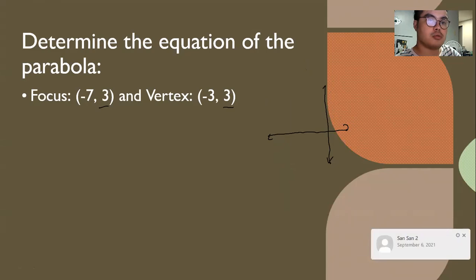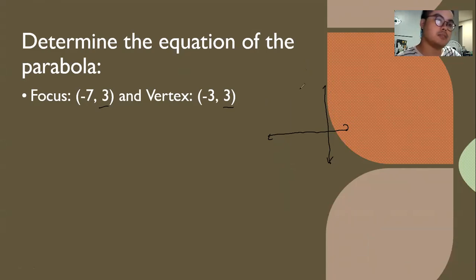Okay, so what we are going to do here is, our focus is negative 7, our x first, then negative 3 is our vertex. So, since our focus is here, and our vertex is on the right, we can say that it is a horizontal parabola.